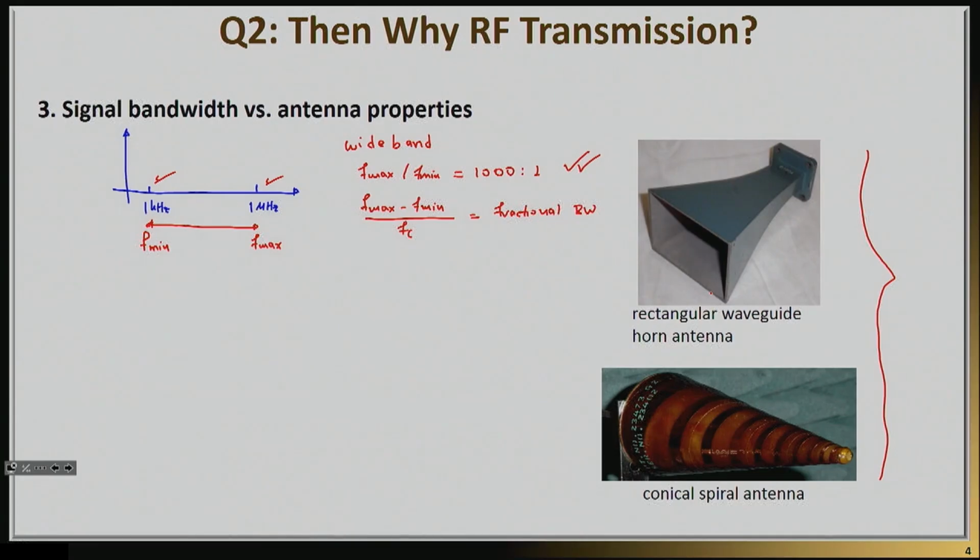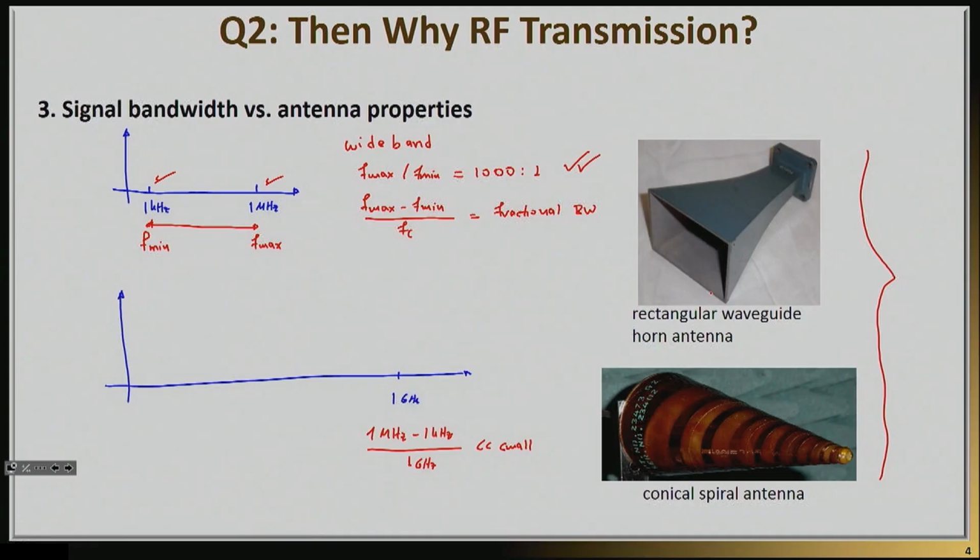Now compare this with a situation where you don't do direct baseband transmission, but you actually center everything at 1 gigahertz. And now the bandwidth of your system is basically 1 megahertz minus 1 kilohertz, if that matters, divided by 1 gigahertz. And that's really, really small, right?